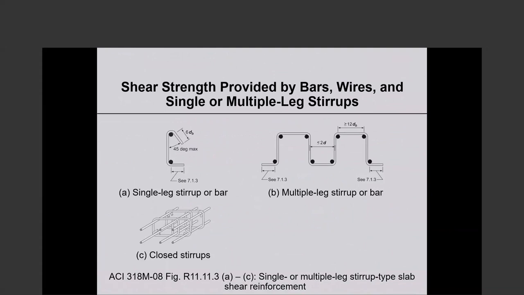Okay. So these are typical shear reinforcement in a slab. Okay, I think the pictures are graphic enough. This closed stirrup is a pretty solid way to go.